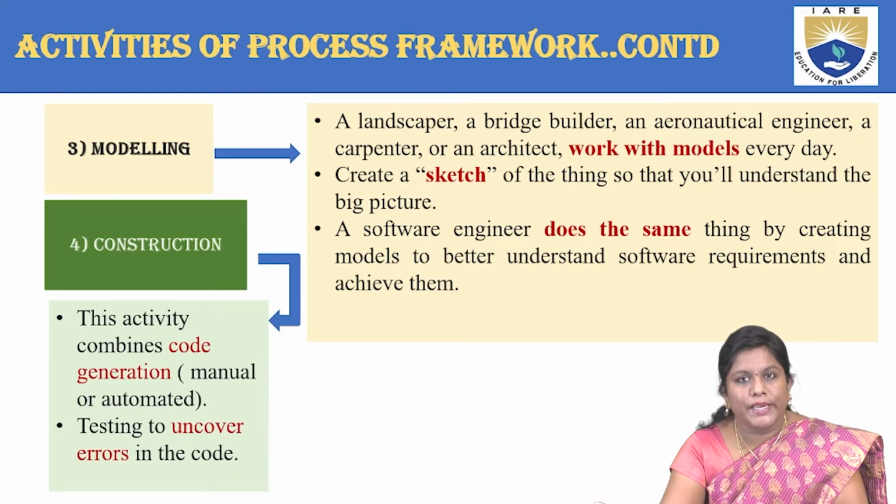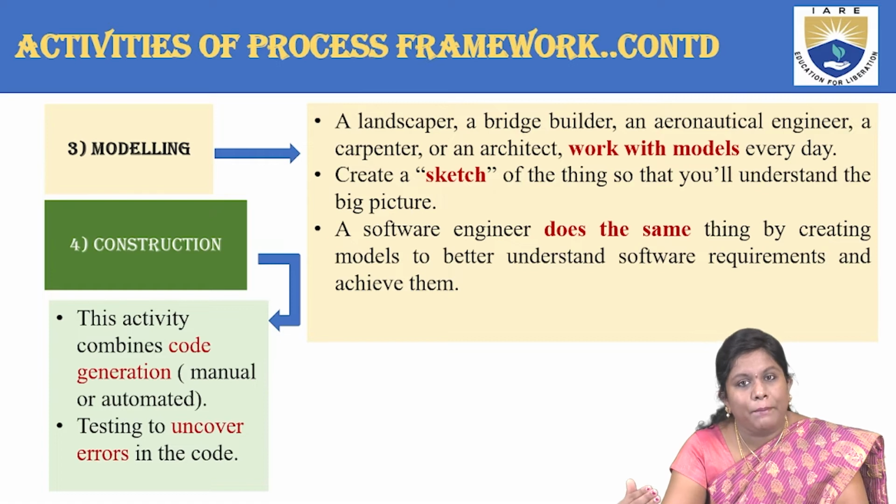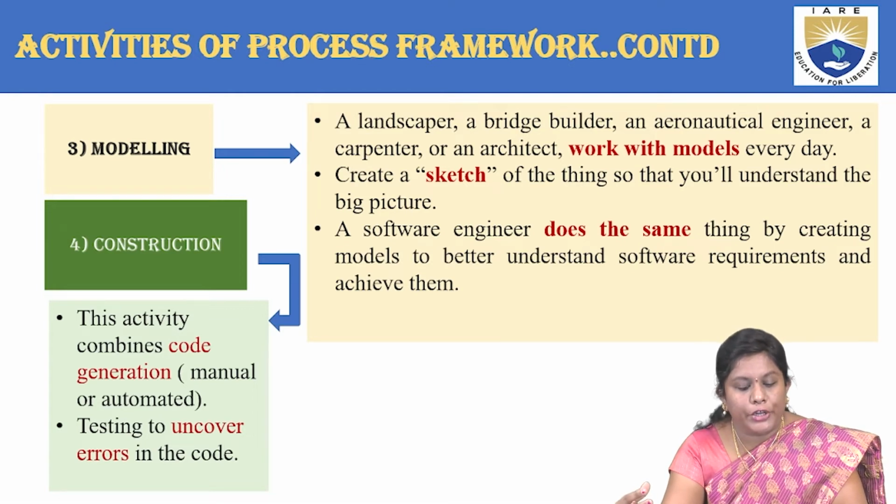So what are we doing in construction? This activity combines code generation. It can either be manual code or automated code, right? So these terms, manual and automation, are included in most of the phases, including testing, right? So when you say construction, how are you generating the code for the activity?